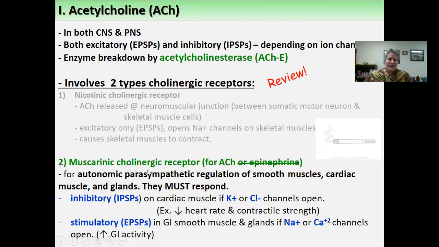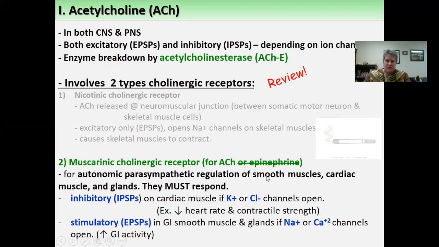My bad. So this is a receptor for acetylcholine that's found on muscle cells and glands that you have no control over. And that includes heart cells. That includes smooth muscle cells in your body, and that includes gland cells. You have no control over these things. So it's for autonomic parasympathetic regulation of your heart, your smooth muscle throughout your body, and glands.